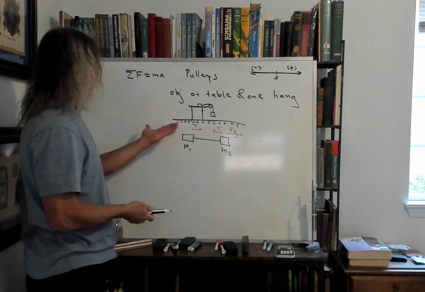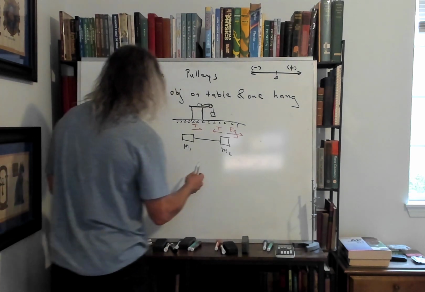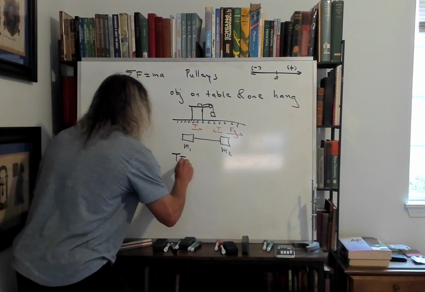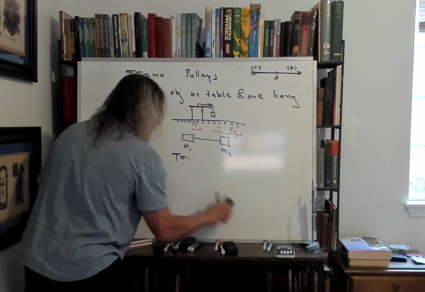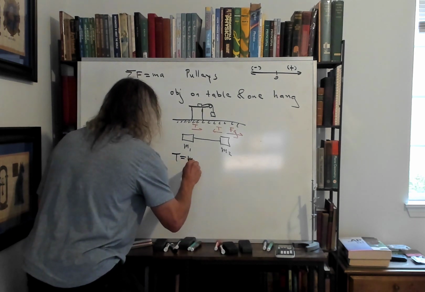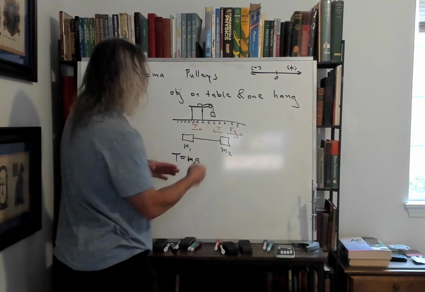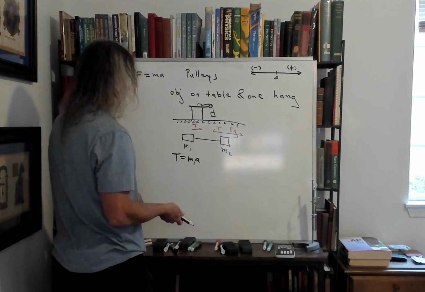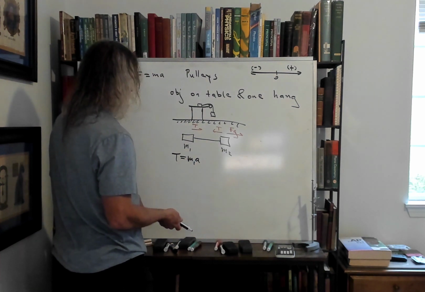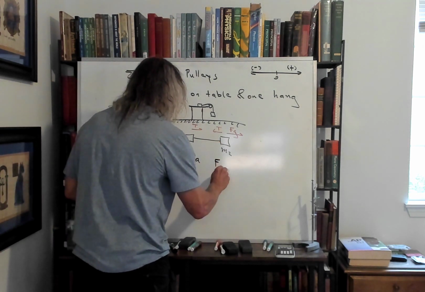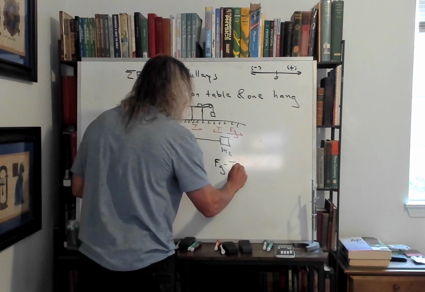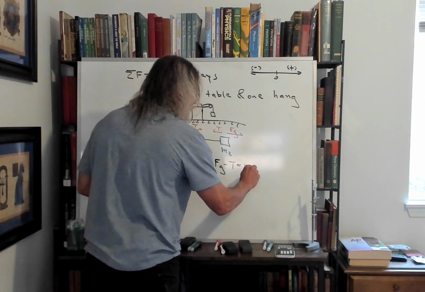So here, what's the total force? Tension. So T is M1A. And then here, we got FG to the right minus T is M sub 2A.